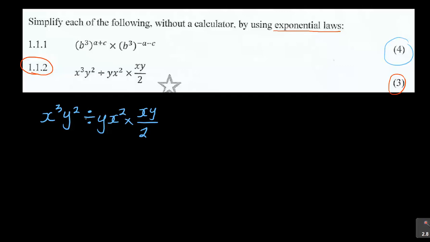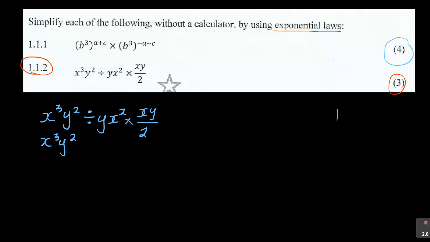For example, the division sign, you must start with the division sign. So you begin from that point. Now, what does the division sign in a way mean? It means what you are having is x cubed in this case. So don't multiply yet. Deal with that division sign. So it's x cubed y squared.